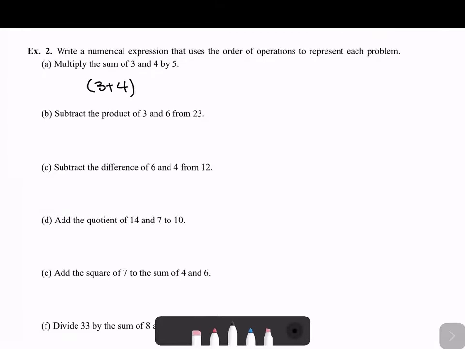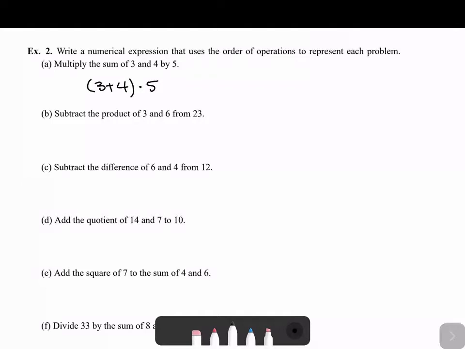So if we're doing an operation on the sum of these two things, to get the sum, we have to add, and then we multiply this by 5. So we first take the sum, and then we multiply, which, right, taking the sum first is the same thing as saying first we add, and then we multiply.